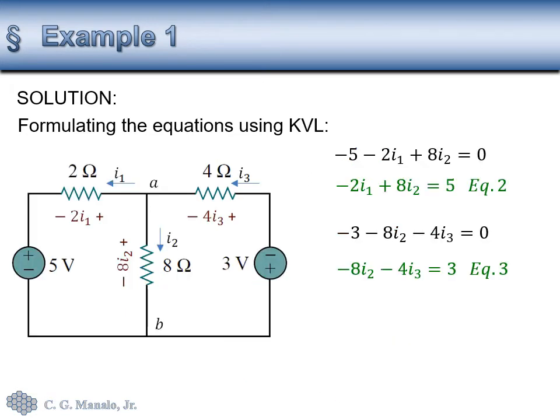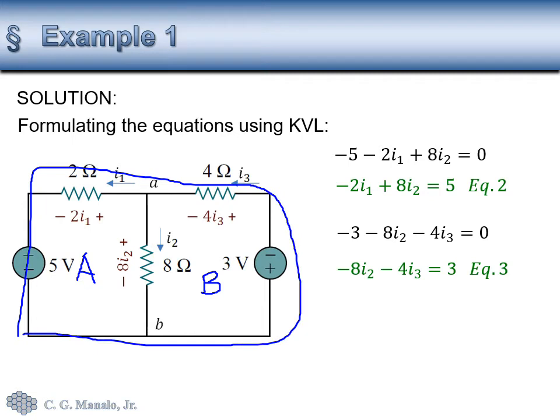To formulate the equations for KVL, first we identify the loops where we're going to conduct our KVL. So let's say this is loop A here, and there is loop B. So these are the smaller loops that we first look at and write KVL there. So we don't immediately look out for larger loops, like this loop here.